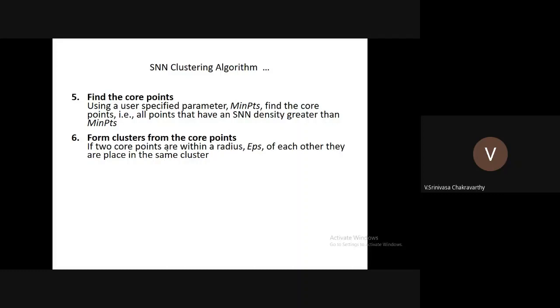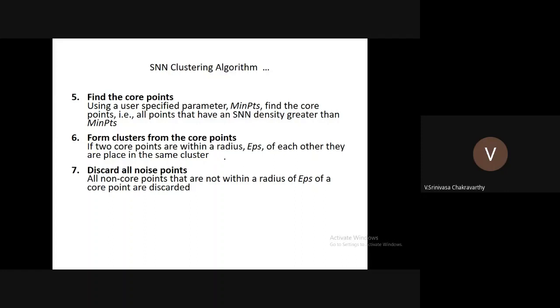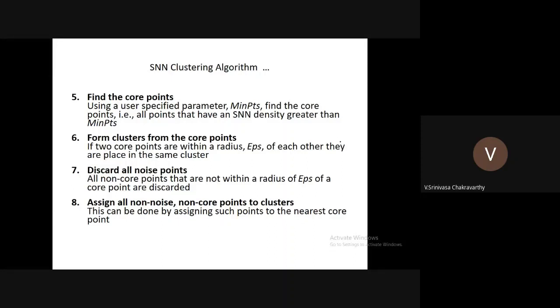If two core points are within a radius epsilon, then they are placed in the same cluster. This is standard. Discard all the noise points, which are the non-core points not within the radius epsilon of a core point. Then assign all the non-noise, non-core points to clusters depending upon the nearest core point. So this is a slightly simplified version of DBScan.